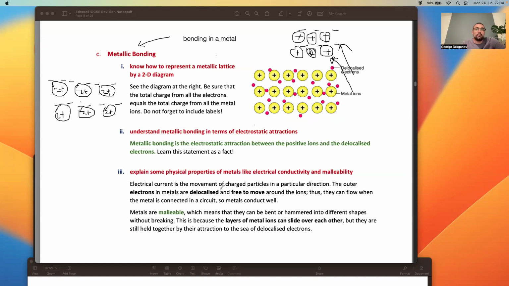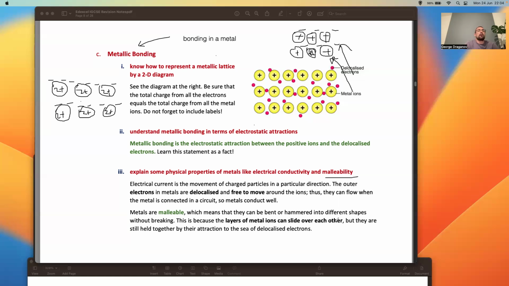The second property you need to know is the malleability, which means how easily you can be hammered into shape. Also, ductility, which means how easily you can be drawn into a wire, would be the same explanation. And the answer is that the layers of metal cations can slide over each other.